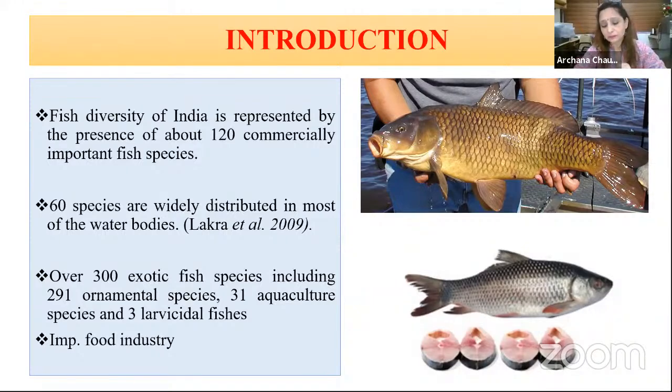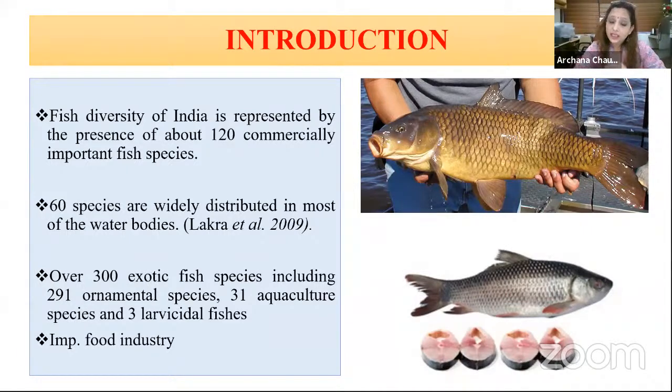So coming to the main presentation, we know that fish is a staple food in India, and therefore fish diversity in India is represented by 120 commercially important fish species, out of which 60 have been found to be very widely distributed in most of the water bodies.